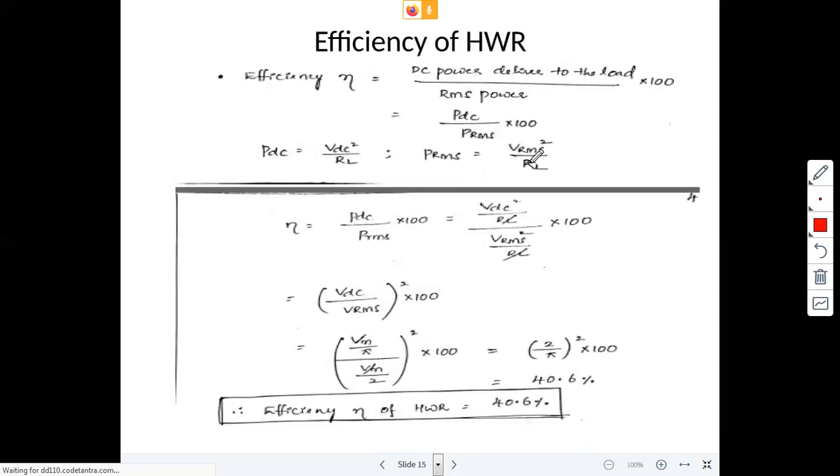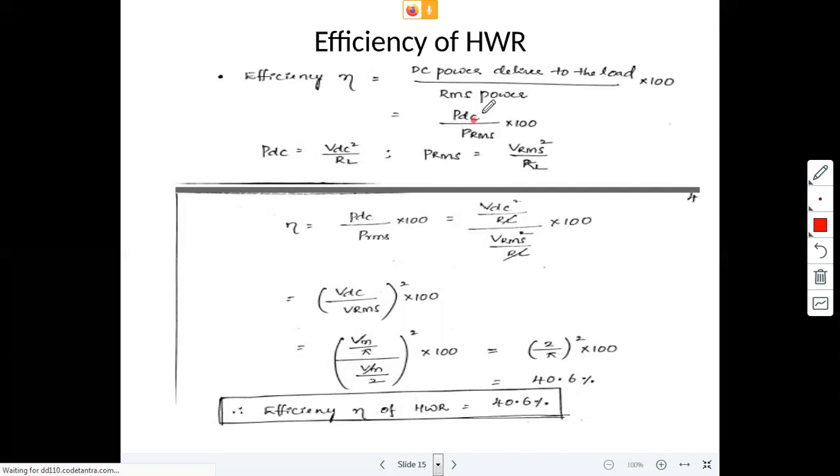Another important parameter is the efficiency of the half wave rectifier. What is the efficiency? The conversion efficiency for the half wave rectifier is the DC power delivered to the load divided by the RMS power, multiplied by 100.